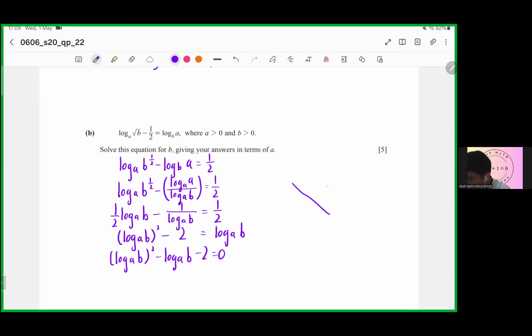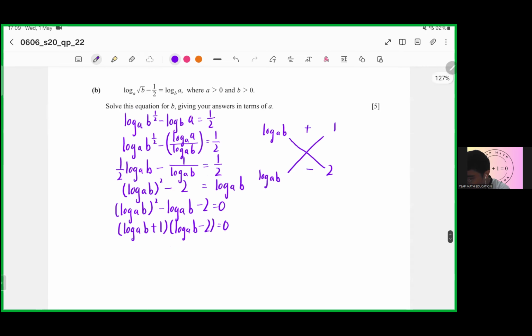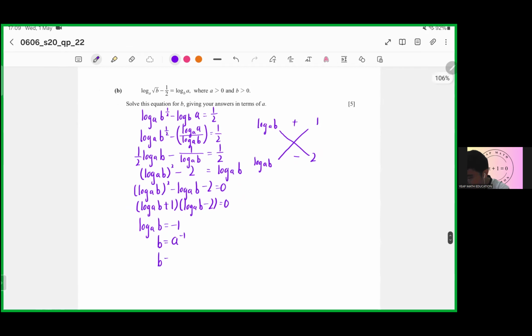And then we can do factorization. Then log_a b plus 1, and then log_a b minus 2 equals 0.